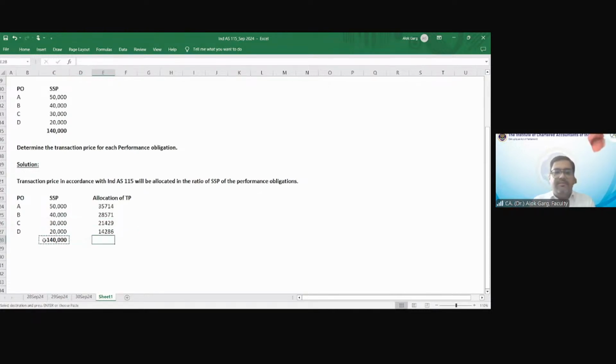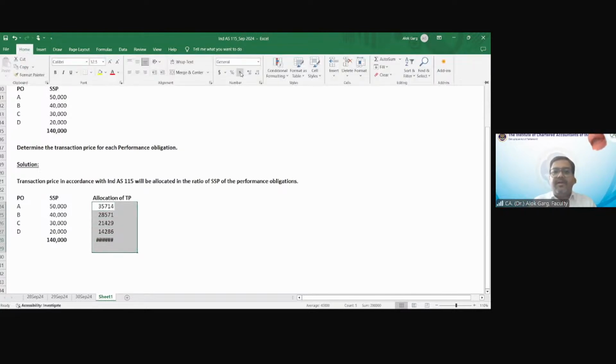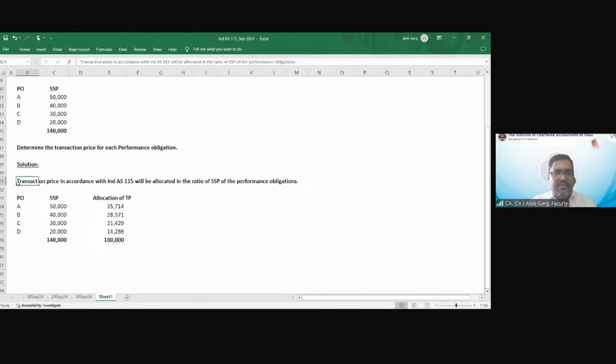The total comes out at 1 lakh rupees, which is the transaction price. So the transaction price of rupees 1 lakh will be allocated. This is how the transaction price has been allocated.